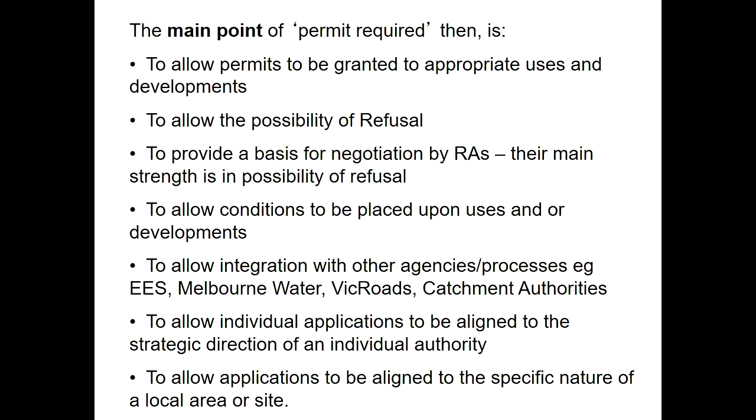There are many other examples. It could be the Country Fire Authority having an opinion about fire risk. It could be a catchment agency talking about potential impacts on the quality of water and runoff, and so on and so forth. Electricity agencies are another one. So there's heaps. This conditioning can also play an important role through referrals for coordination in the planning system.